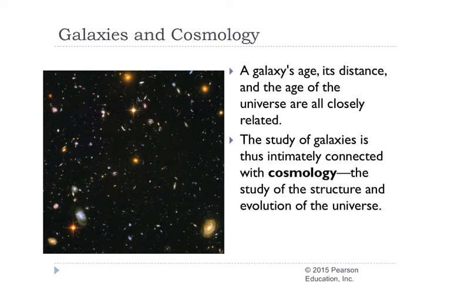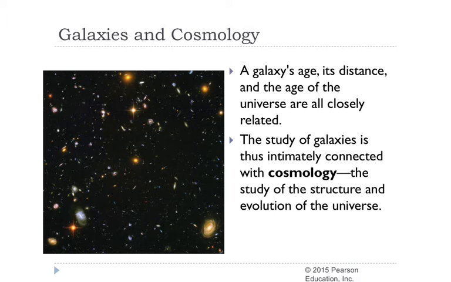So galaxies and cosmology, as we mentioned at the end of the last video: if we want to study the structure of the universe, we want to look at some fairly large objects. Looking at individual stars is too small a scale, so we look at galaxies. That ends up being the smallest piece that we can look at and follow how they have evolved.